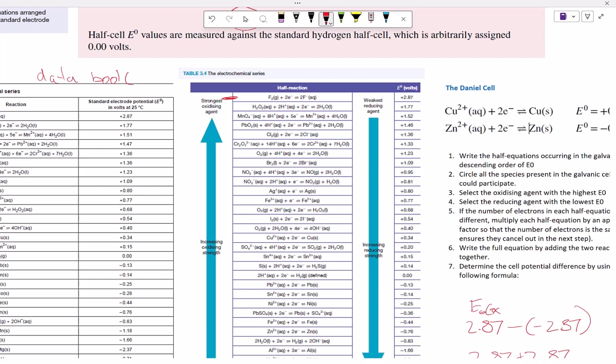Oops, my stylus is a little bit slow at the moment. Minus the E naught. Oops, I don't need to do it like that. Sorry about this, my stylus is currently a bit laggy. E naught of your reducing agent.